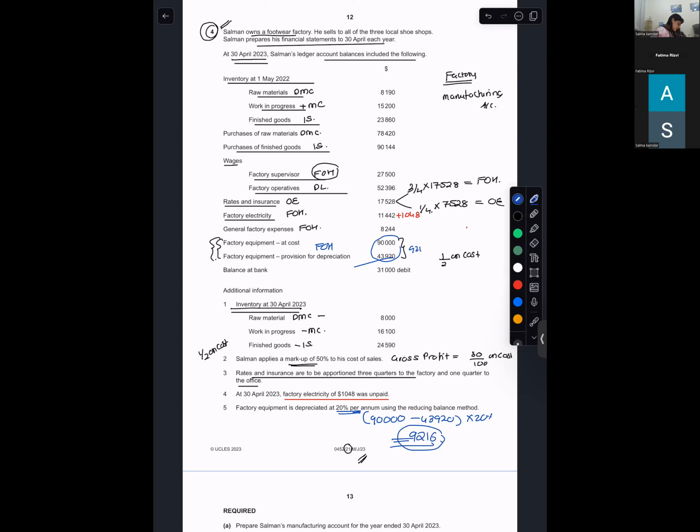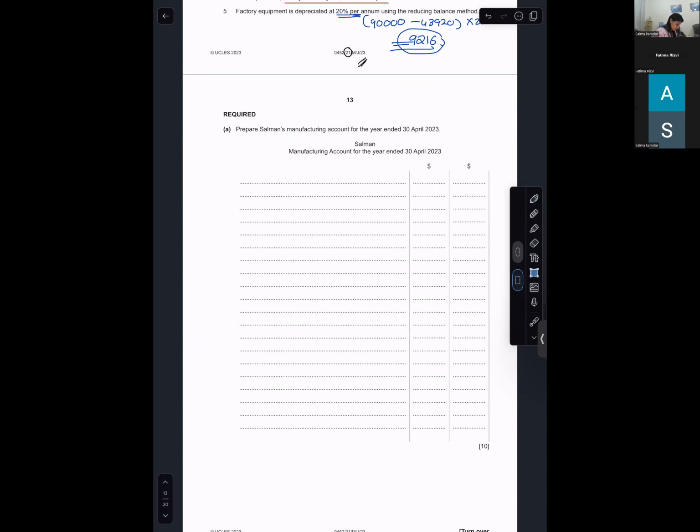So we know what goes under direct material consumed, we know what goes under income statement, and we know what goes under FOH. Now, what is our format? It starts with direct material consumed, then direct labor, then direct expense, which gives us the prime cost.